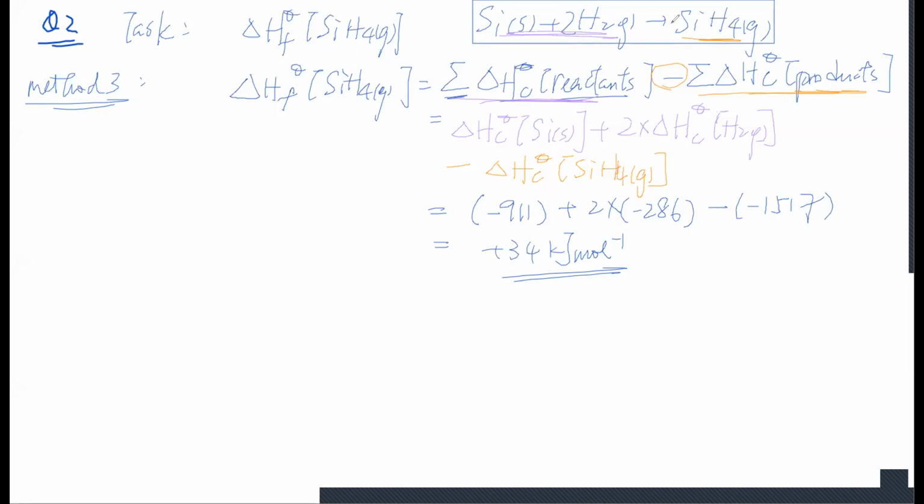Can you use method 1 and method 2 to solve the same question? Especially for those who just put a cross here, you know what to do, right? So you write down method 1 and method 2.